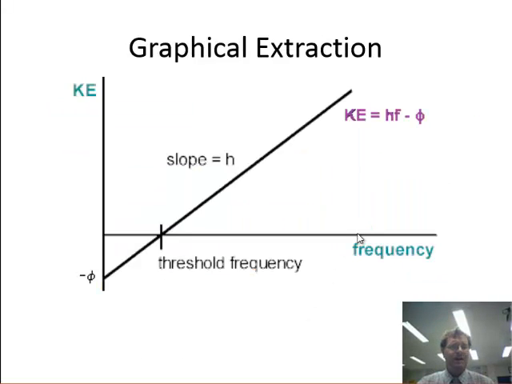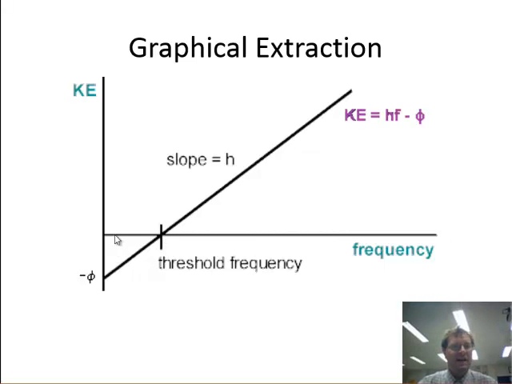So let's see this graphically. What we're saying here is the kinetic energy is equal to hf minus this work function. If we plot the kinetic energies of the electron against the frequency, first of all, there's a certain threshold frequency before which no electrons escape.